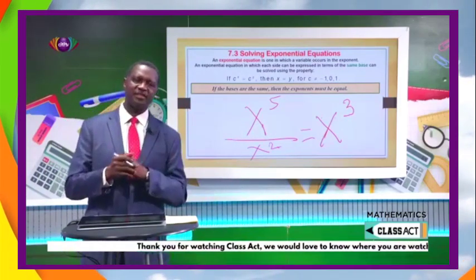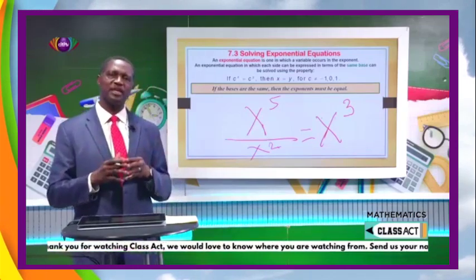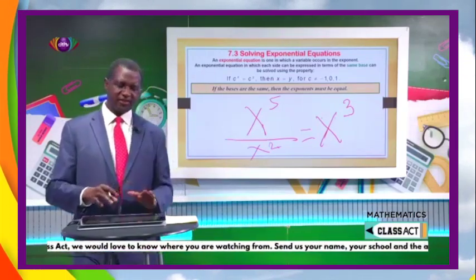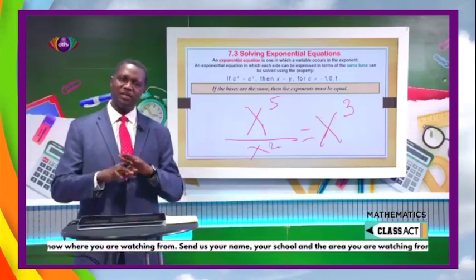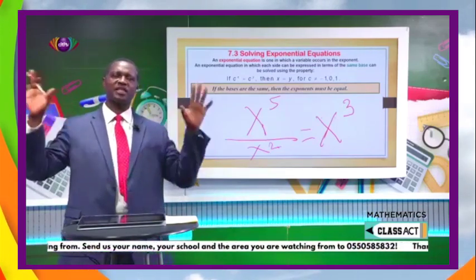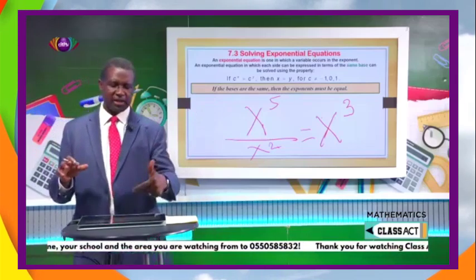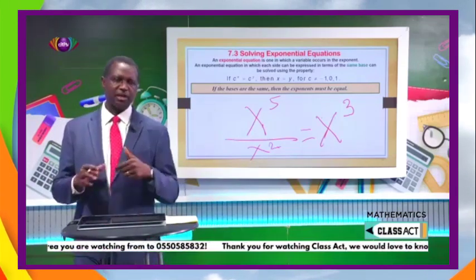And that method is that when you are dividing exponents of the same base, in this case x, you subtract the exponents. You subtract the bottom from the top.